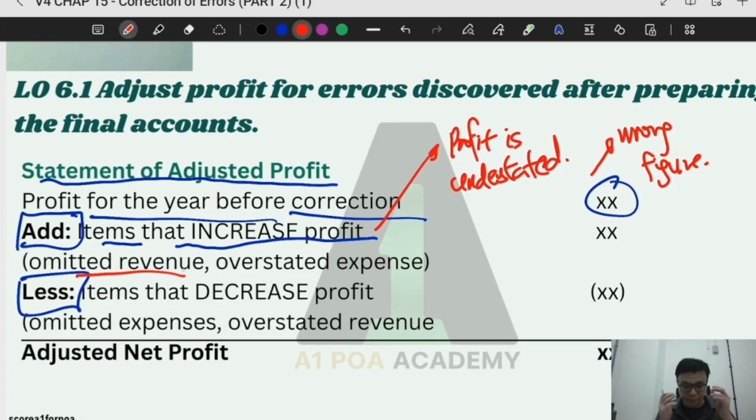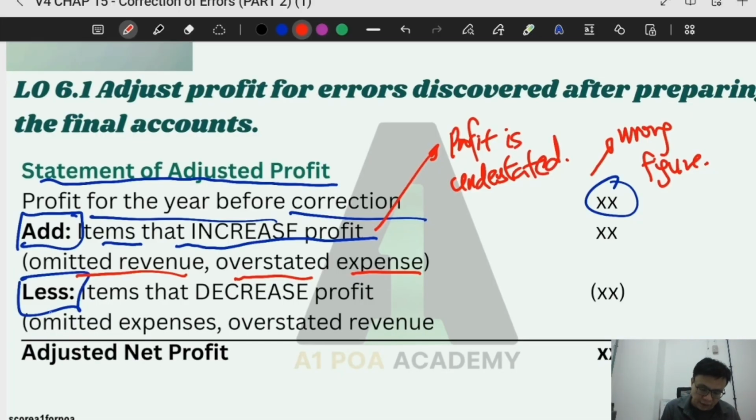You didn't record the transactions, you only properly recorded the cash sales, but you forgot about the credit sales. Overstated expenses. Yep, overstated expenses. And therefore, these are the things that you will need to bear in mind to make sure that you correct accordingly so that the profit will be increased.